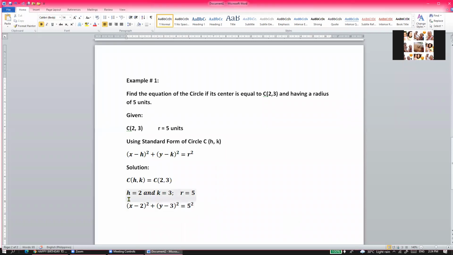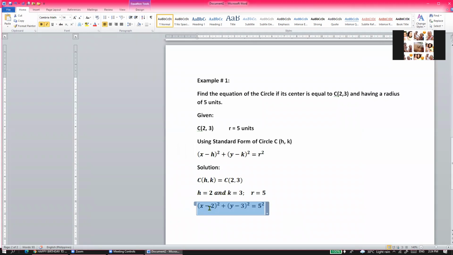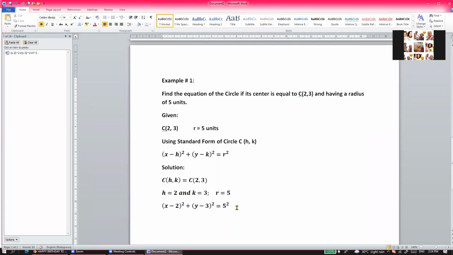Okay. So, simplify ko yan. Copy-paste ko ulit, no? So, let me simplify it. Five square is also 25. Now, this is actually already an answer in our given problem.